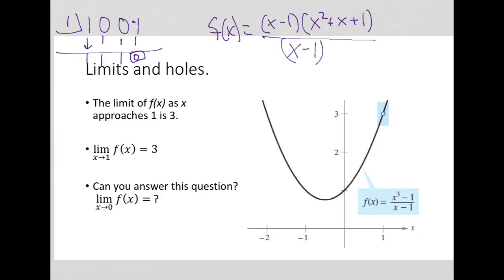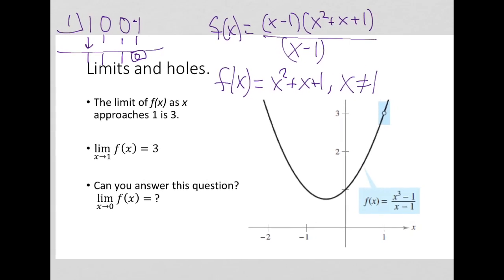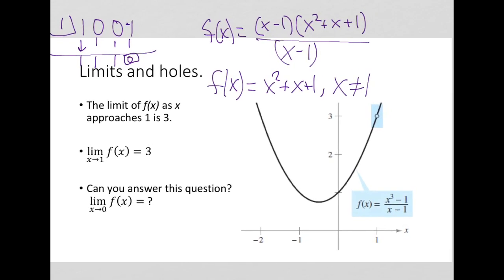So again, I could rewrite this as f of x equals x squared plus x plus 1 for x not equal to 1, because we have a hole there. It is undefined at that point. Otherwise, though, this function is going to behave just like x squared plus x plus 1 behaves.